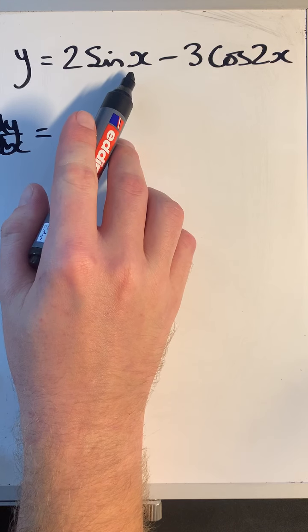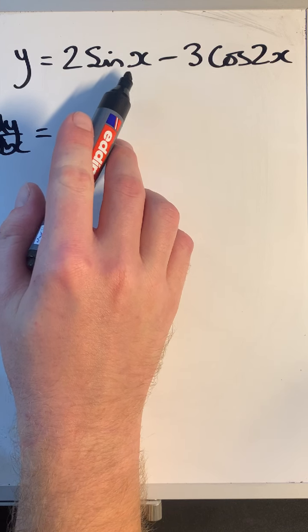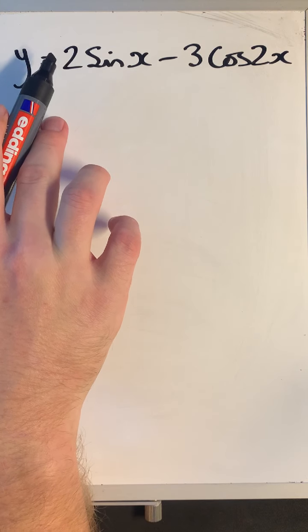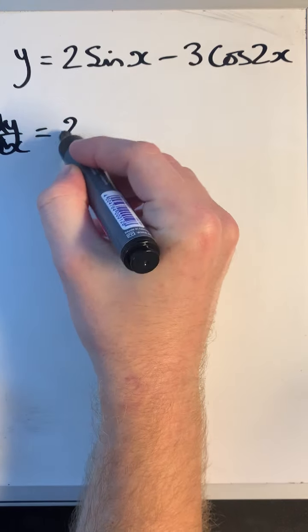The number in front of the x here is 1, so when we differentiate sine x, we just get cos x. If you wanted to use the standard derivative, that would be 1 cos 1x, but you don't tend to write the ones in. It's multiplied by 2, so we've got 2 cos x.